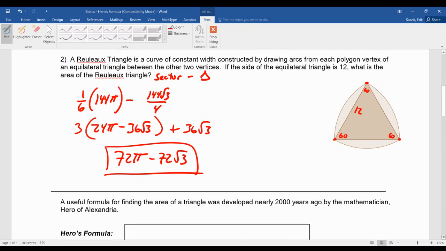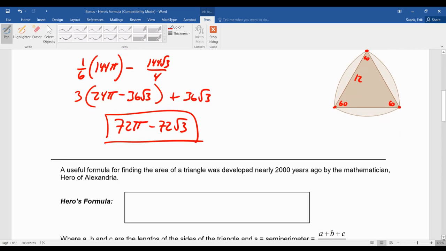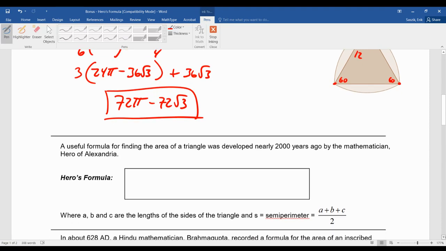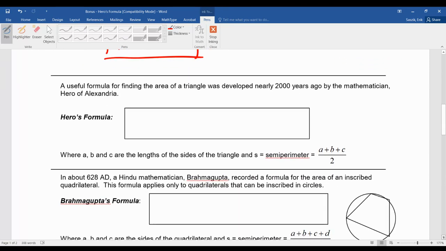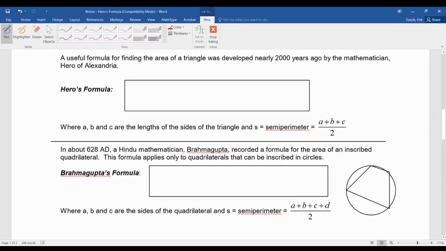All right. So Hero of Alexandria developed this formula a long time ago. And the proof of this is incredibly long, and you would not be happy if we were deriving that right now. So I'm just going to give you the formula.